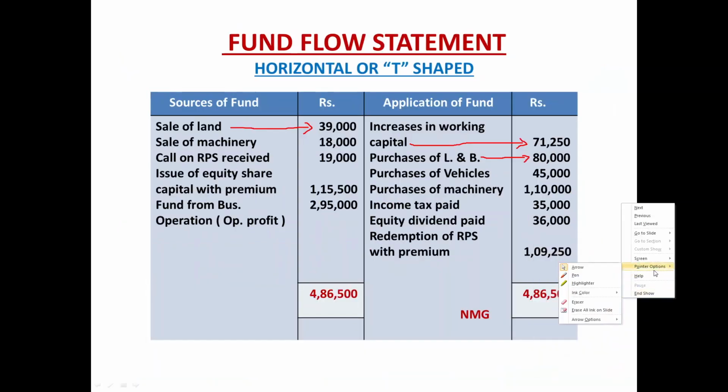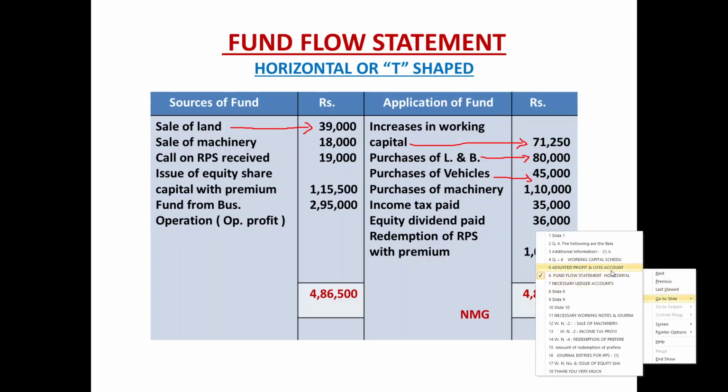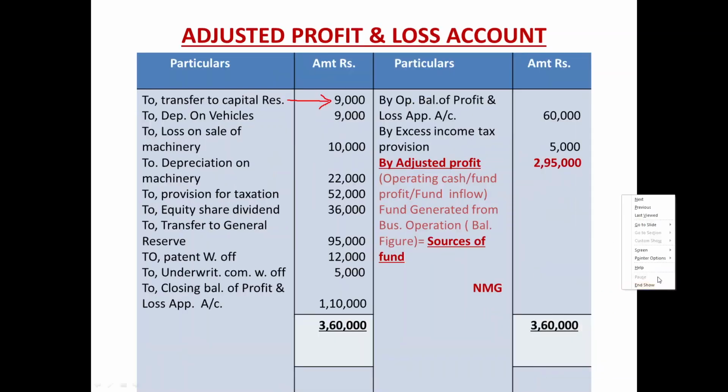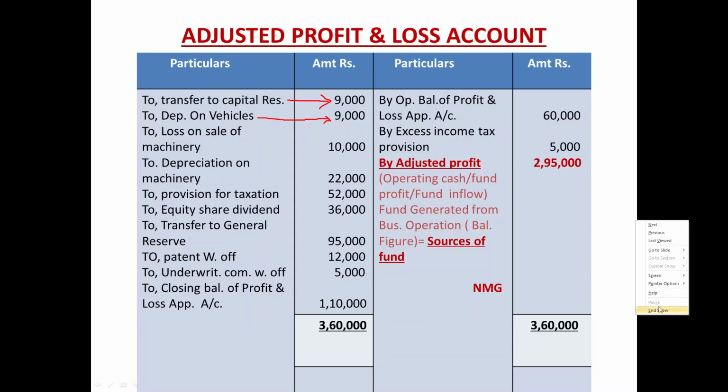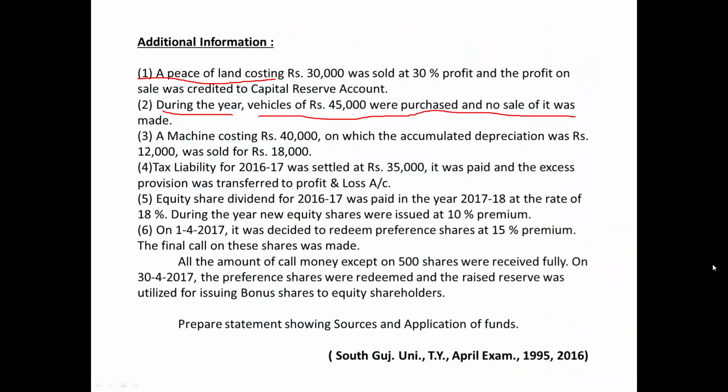First of all, purchases of vehicles, application of fund 45,000. While depreciation on vehicles, in the adjusted profit and loss account, 9,000 rupees. So this was transaction number 2, related with vehicles.